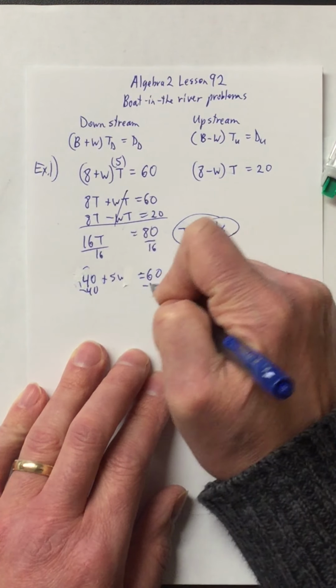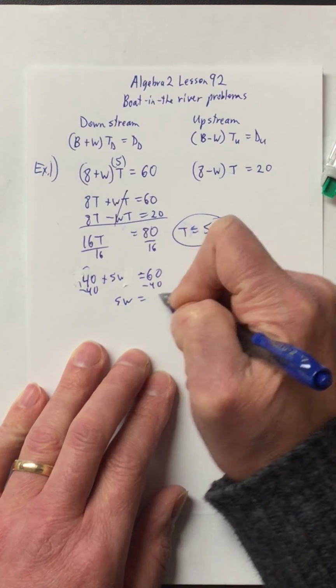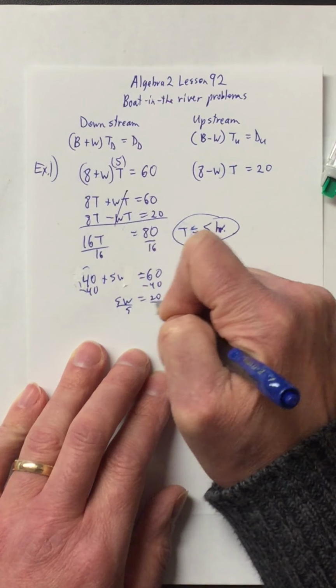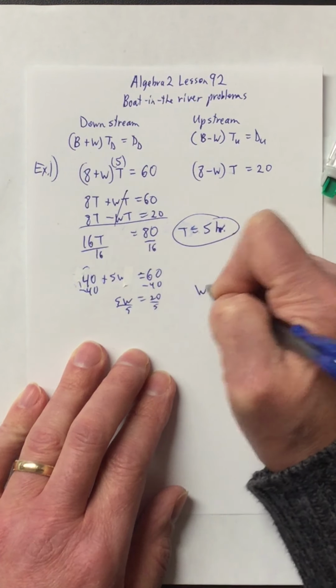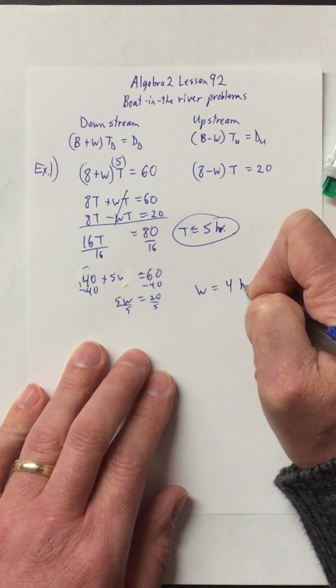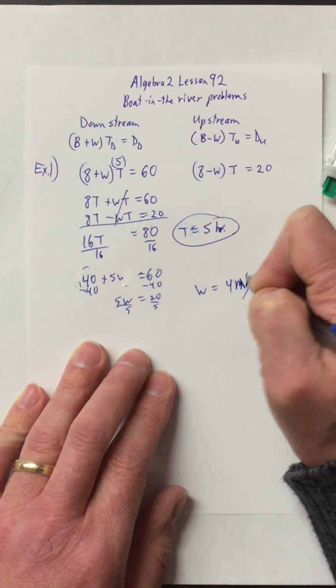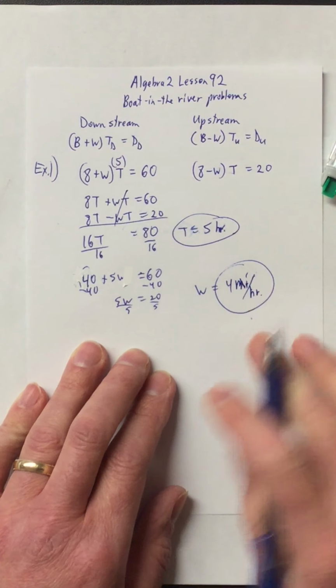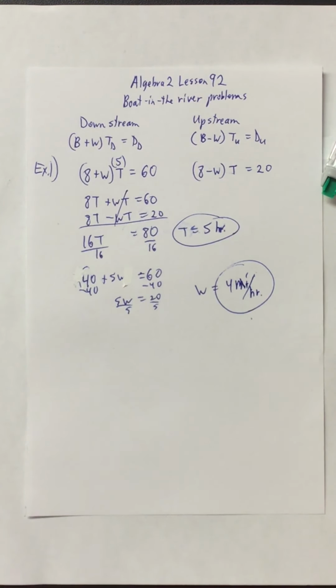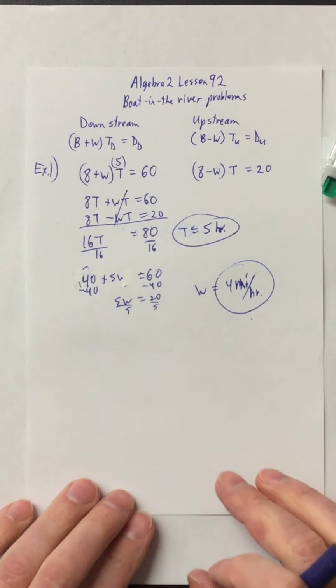So subtract 40: 5 times the water is equal to 20. Divide by 5. Looks like our water is 4 miles per hour.